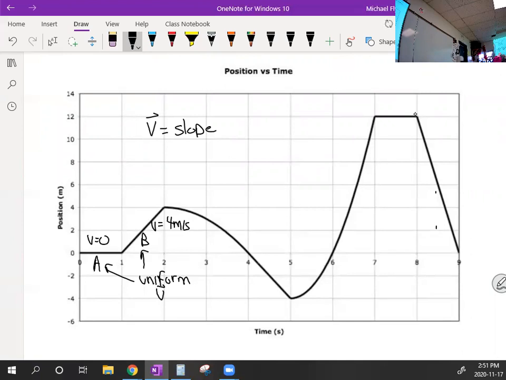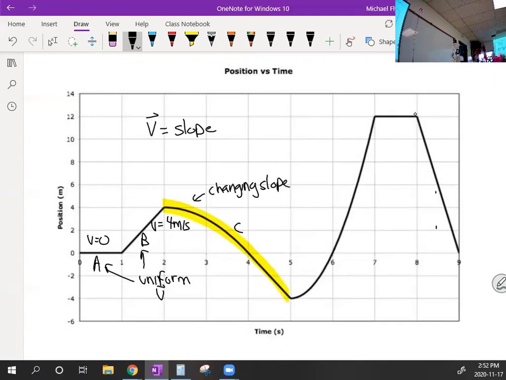Well, what's happening in section C? Okay, that's this section here, and I'm just going to highlight it for you. What's happening there? Well, the line is curved. So the definition of a curve is a changing slope.